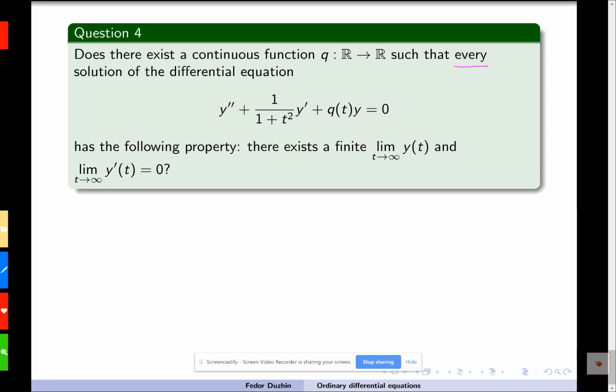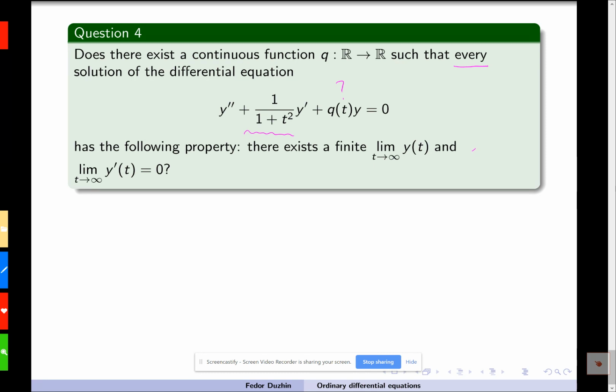Wow. How could we approach such a question? Well, if you look at theorems and facts that you know about general homogeneous second order linear differential equations, notice that it is probably not a coincidence that we are explicitly given the coefficient at y prime, but the coefficient at y is some unknown function q of t.